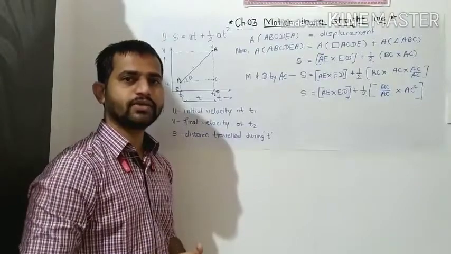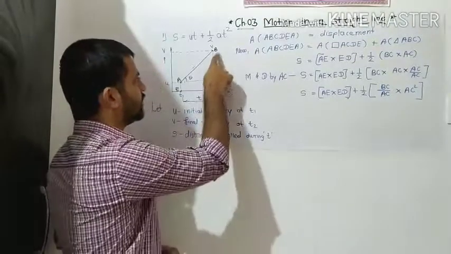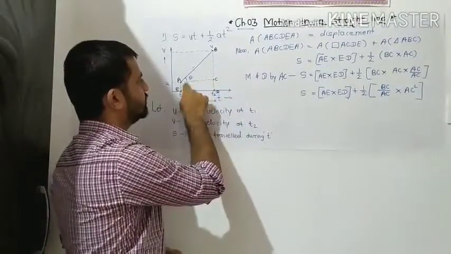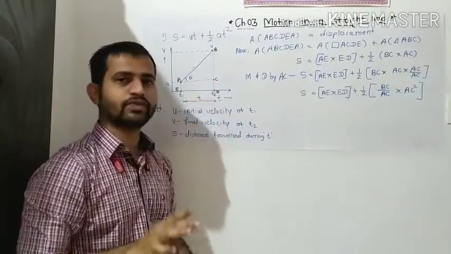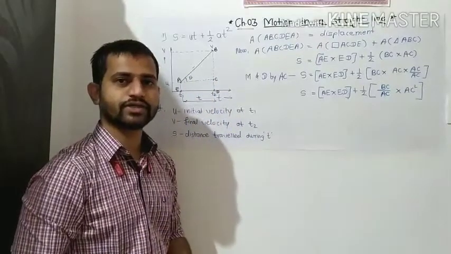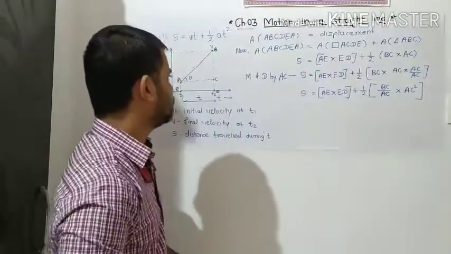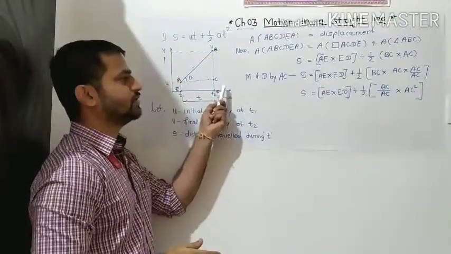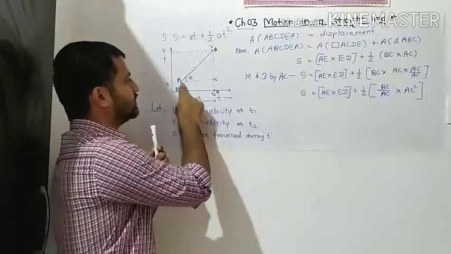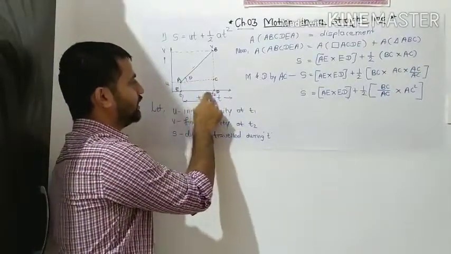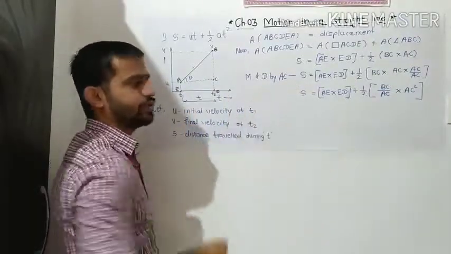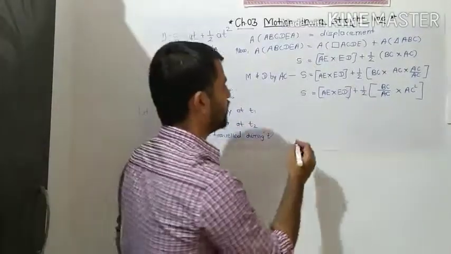And what is the AC square? AC is nothing but equal to ED, so we can write here ED square also.